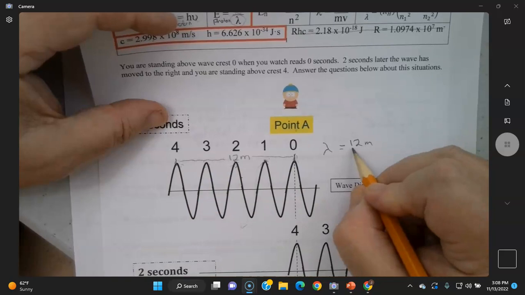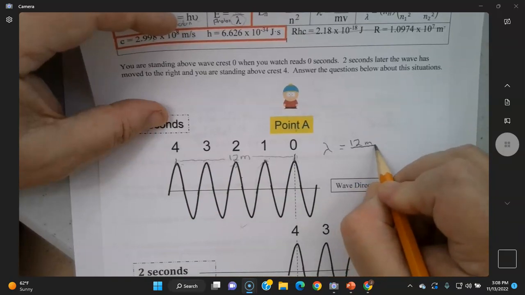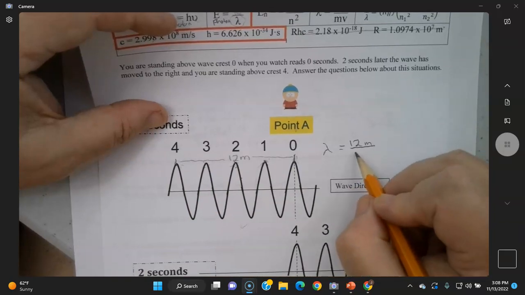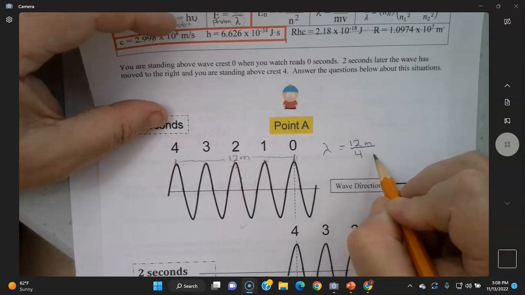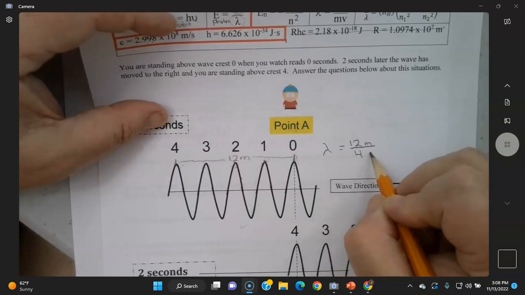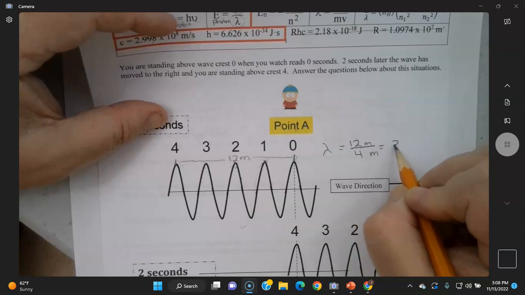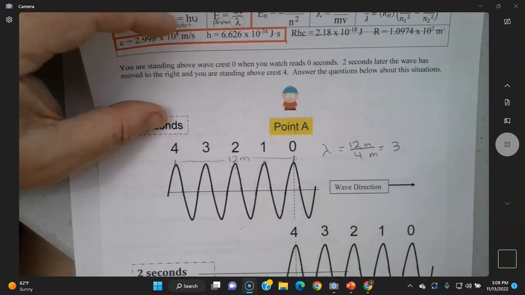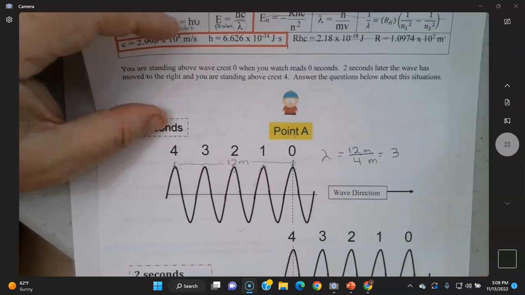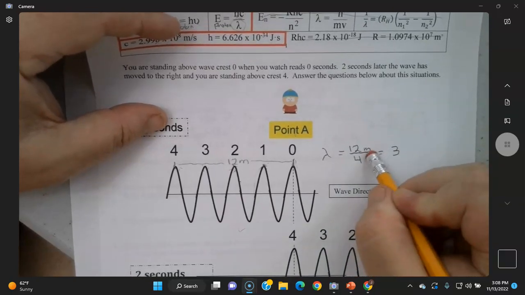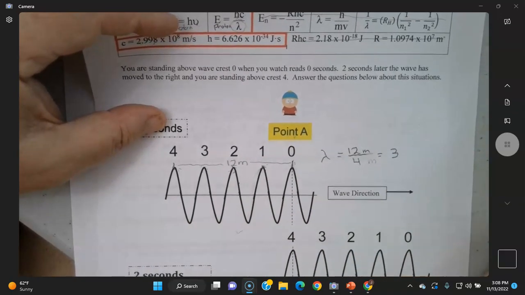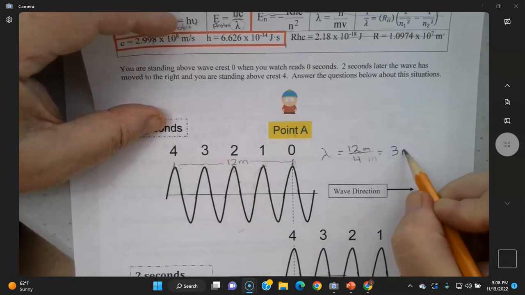So 12 meters divided by 4 wavelengths, and that's in meters, is going to equal 3 meters.